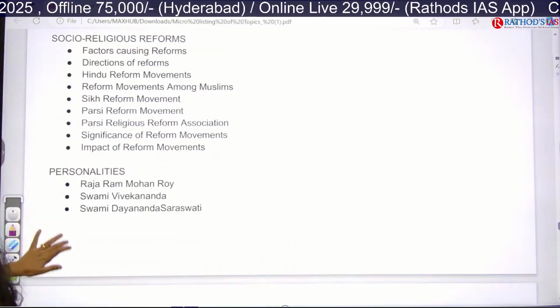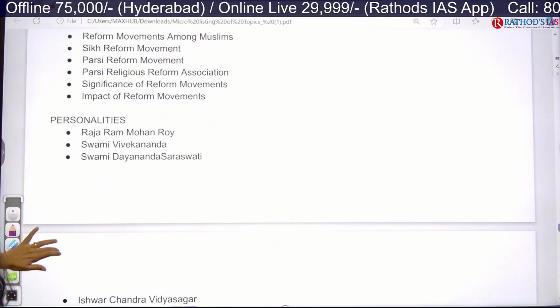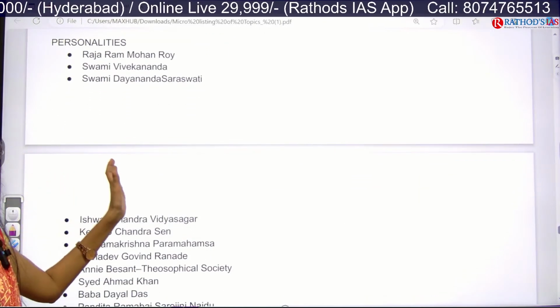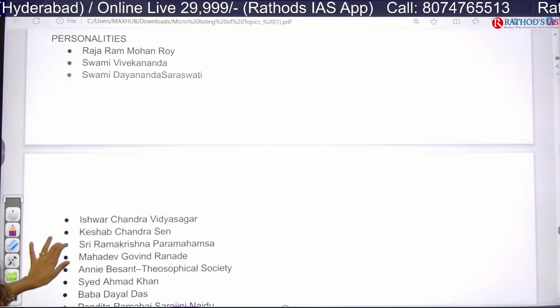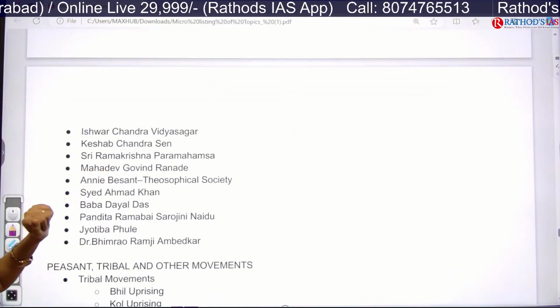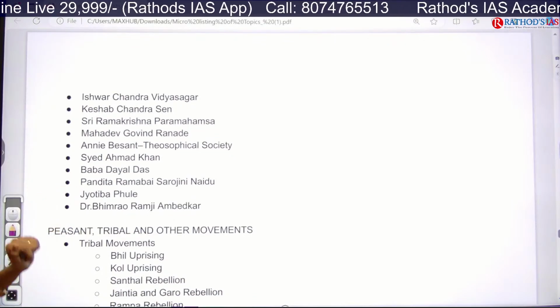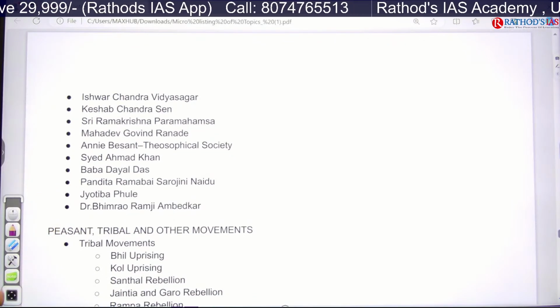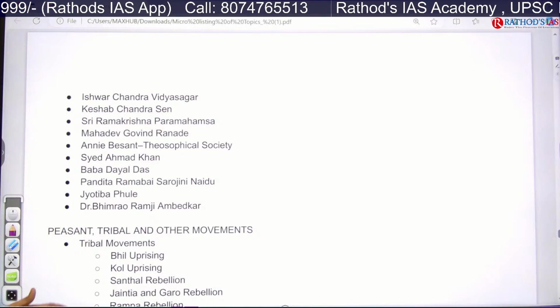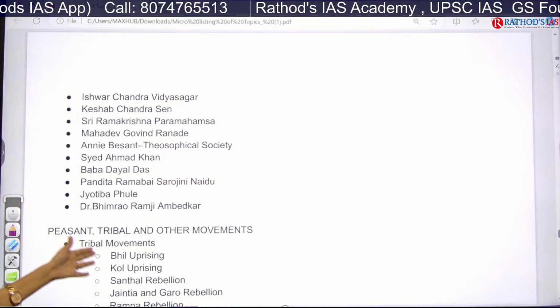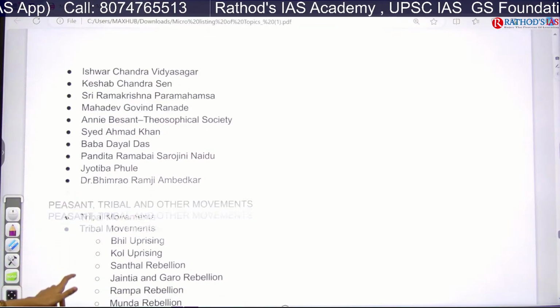You have to see famous personalities like Raja Ram Mohan Roy, Swami Vivekananda, Swami Dayanand Saraswati, Ishwar Chandra Vidyasagar, Keshab Chandra Sen, Ramakrishna Paramahamsa, M.G. Ranade, Annie Besant, Syed Ahmed Khan, B.D. Das, Pandita Ramabai, Sarojini Naidu, Jyotiba Phule, B.R. Ambedkar.